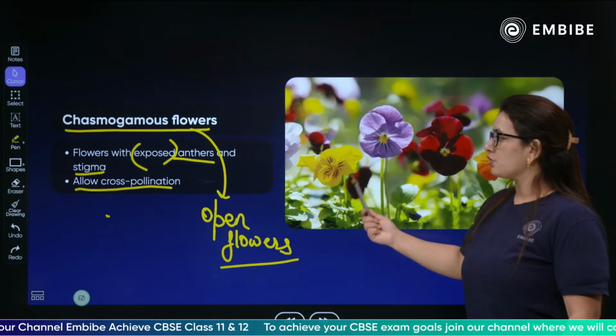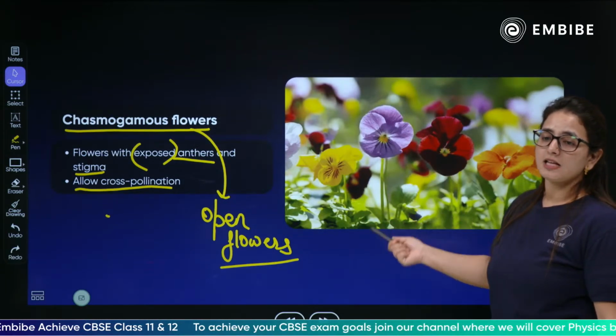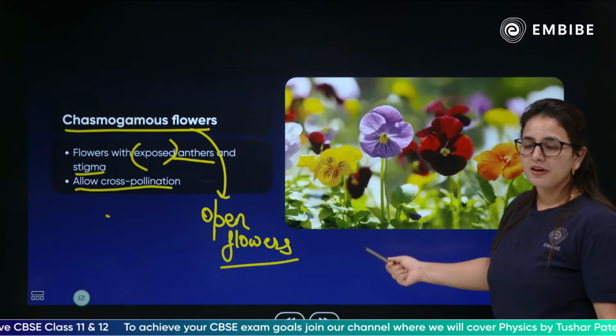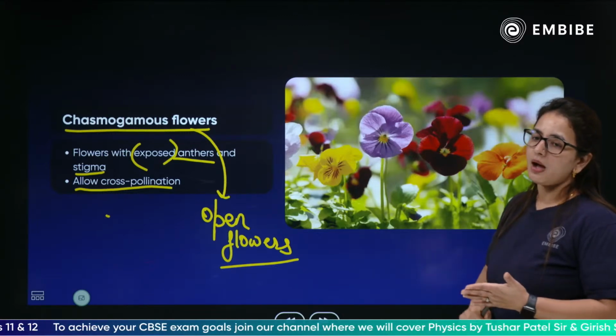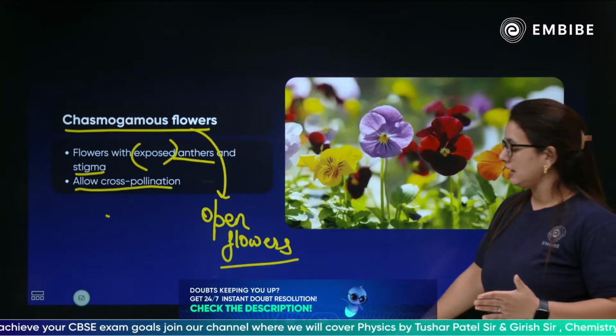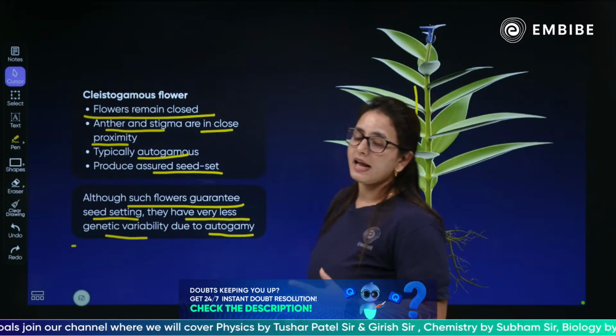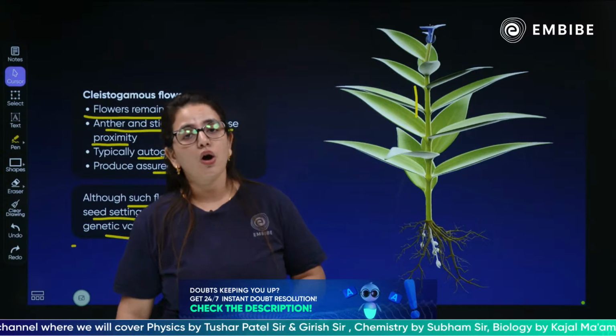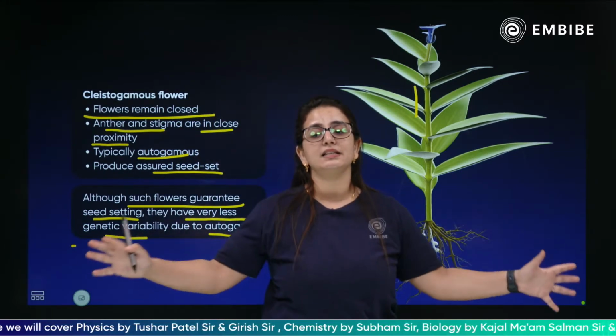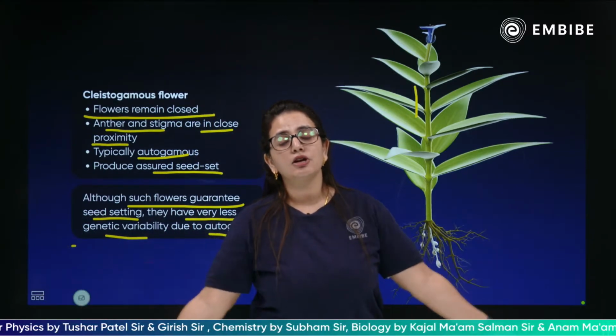What are Chasmogamous flowers? Since they are open flowers, both anther and stigma are exposed to the external environment. Next we have Cleistogamous flowers. Both anther and stigma are not exposed to the external environment. They are closed.